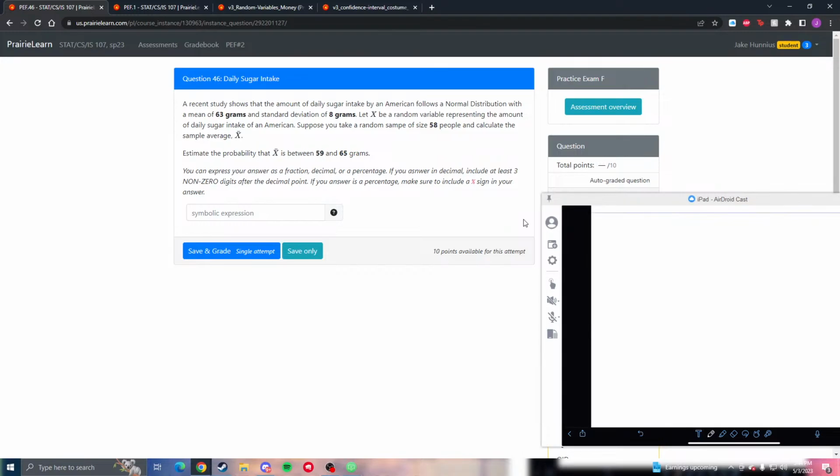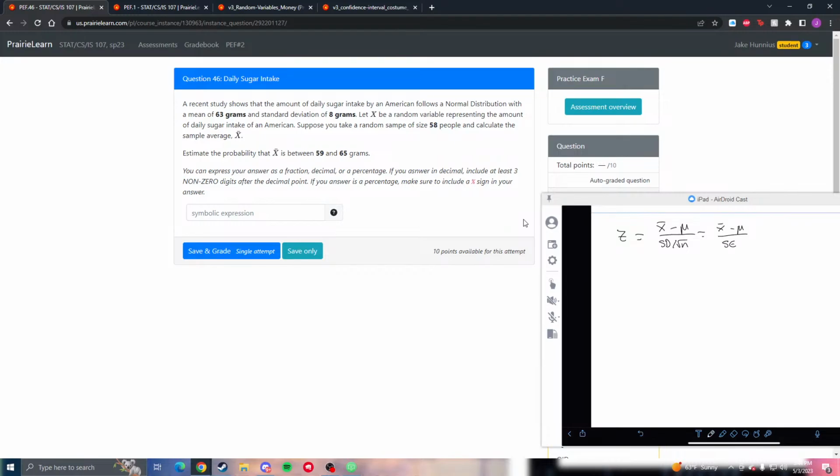Remember the formula for z-score is X bar minus mu over standard deviation over root n, which is sample mean minus population mean over standard error.